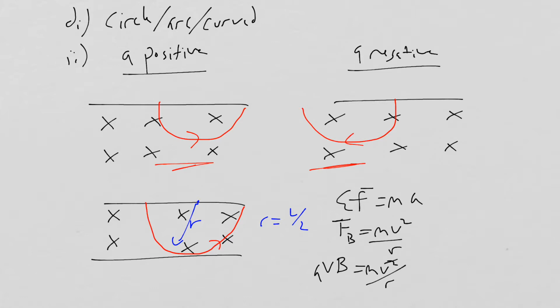So we cancel a V. And if we solve for B, we get B equals mv over qr. Now we have to plug in the values that we know. Specifically r. R is actually L over 2 in this problem, so it's mv over q, L, and then times 2. And so this is your final answer.